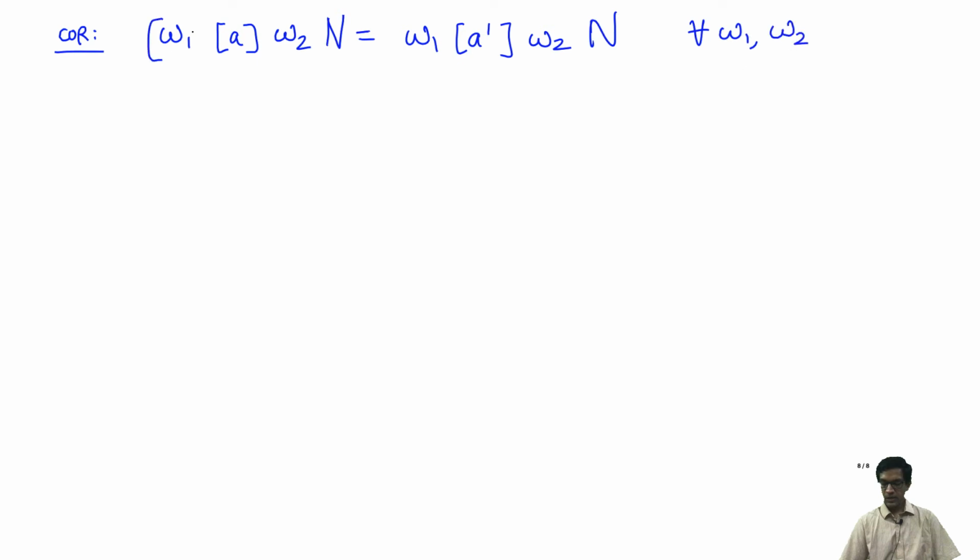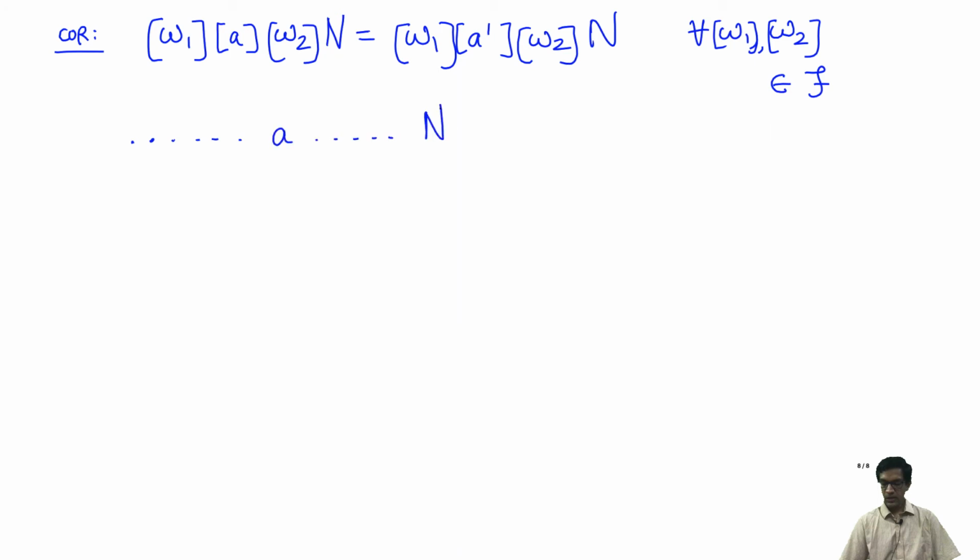Okay, so maybe I should really put the equivalence classes here. But what does this mean? This just says that if I take any word, suppose I have a word here which looks like this. There's a bunch of letters, there's an a in it, and there's another bunch of letters.